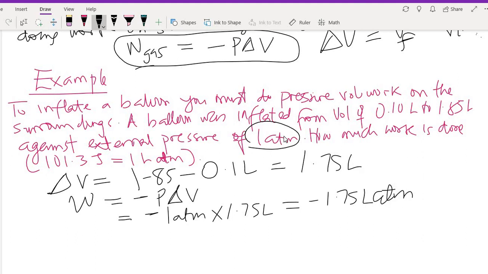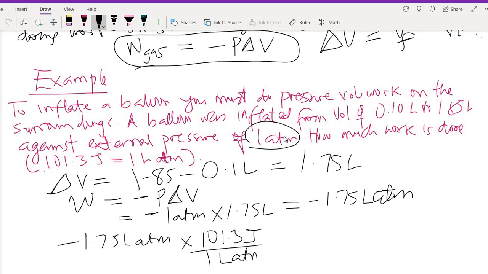So remember, our work has to be in joules. So we convert this to joules. Given this relationship, we have negative 1.75 liter atmosphere times 101.3 joules over 1 liter atmosphere.